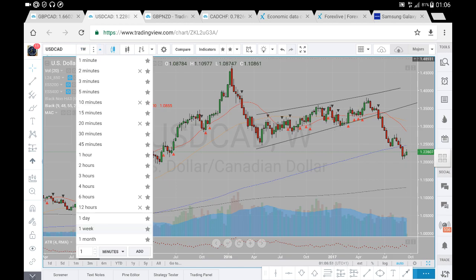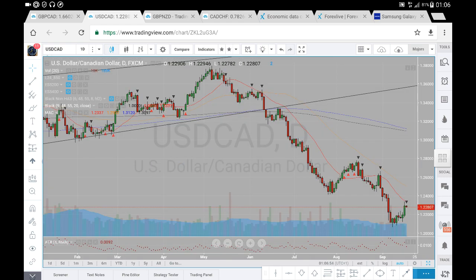If we go down to the daily, let's see where we are. On the daily, you can see that we have had that consolidation of the large move to the downside, and we've got candles increasingly closing near their high, breaking outside of the structure to the downside.